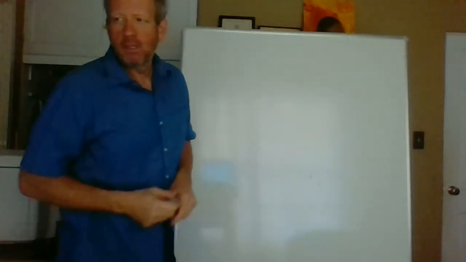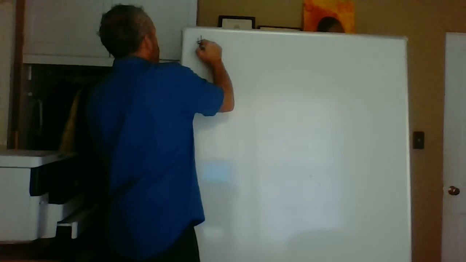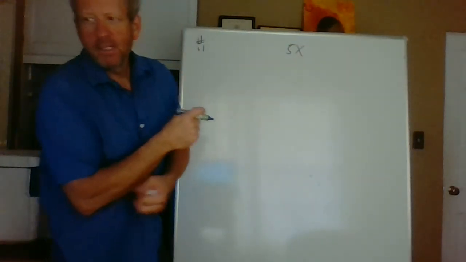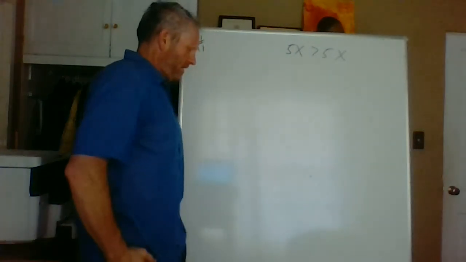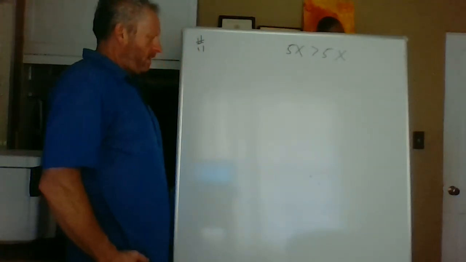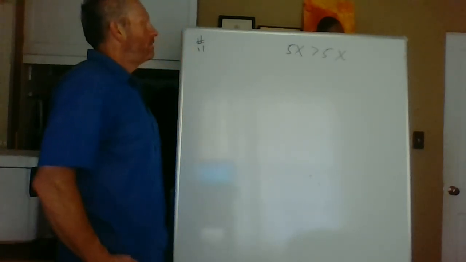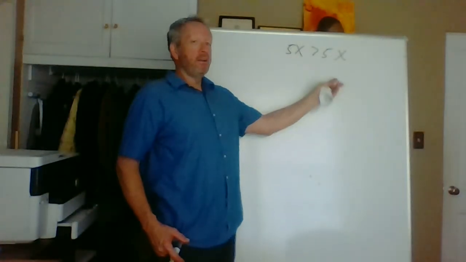Okay, number 11. Number 11, solve for x. 5x is greater than 5x. Now, if you were sort of on your game or on your toes or thinking, you would look at that and immediately know, how could anything be greater than itself?